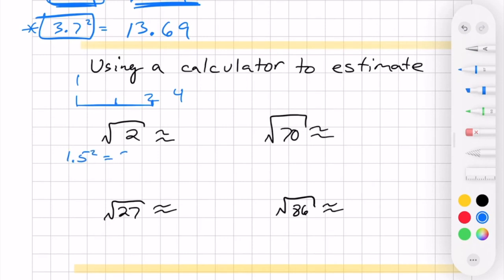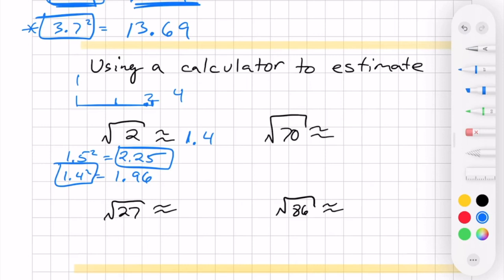So that would be 2.25. So that is too big, right? So then I can just keep moving down. So I'm guessing and then I'm checking, right? So 1.4 times 1.4 is going to be 1 decimal 96. So I know that the square root of 2 is approximately 1 decimal 4. And it's going to be somewhere right in there, real close.